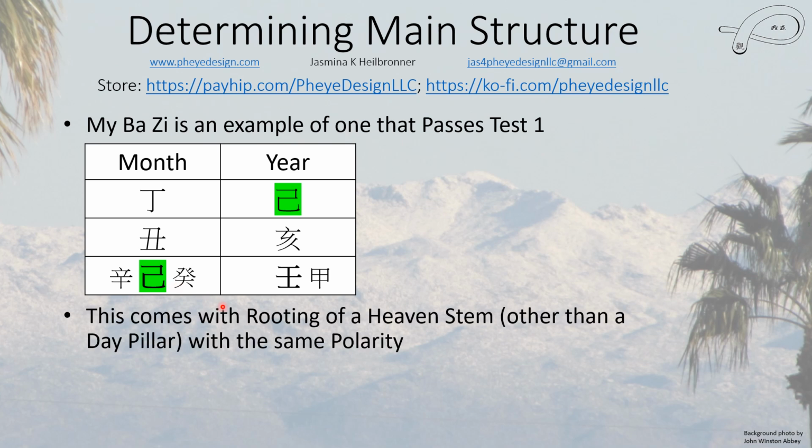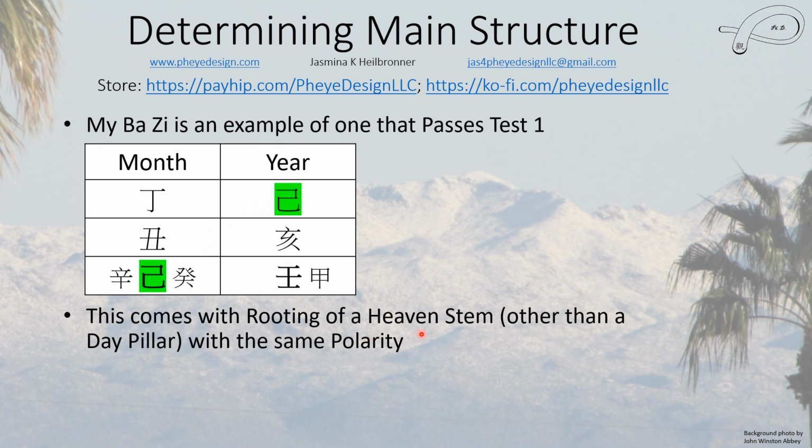Now, this idea here, if you remember, this looks like rooting, but it's not quite that way. I mean, this pillar is rooted, but this doesn't get rooted. The hidden stem doesn't get rooted. It just gets picked out as the one you want to say is the main profile.